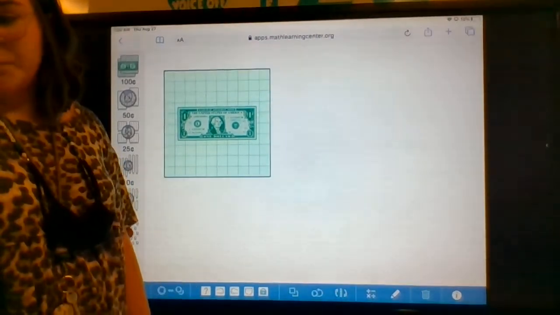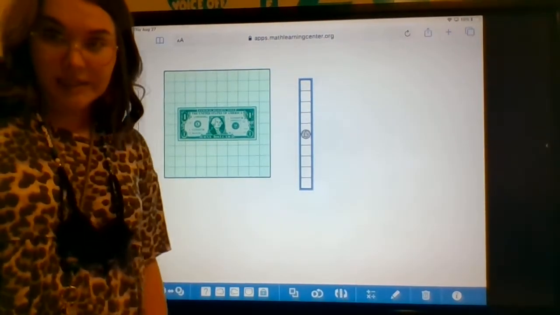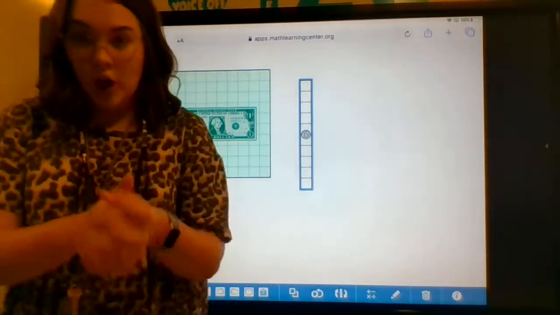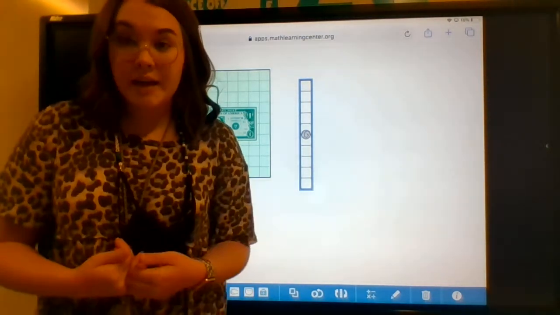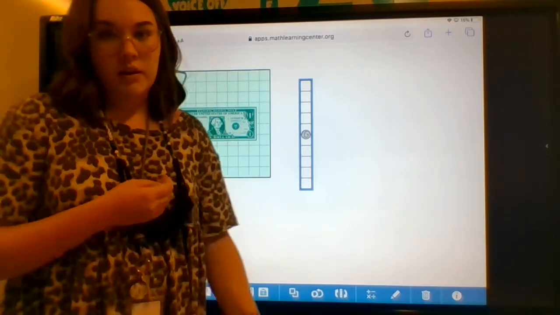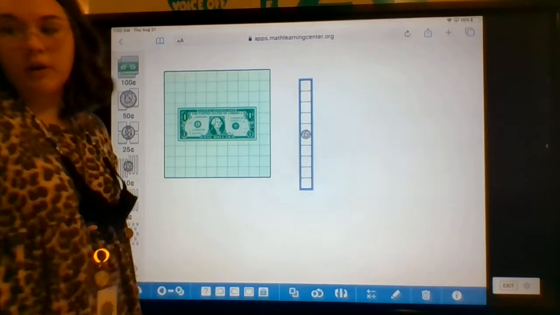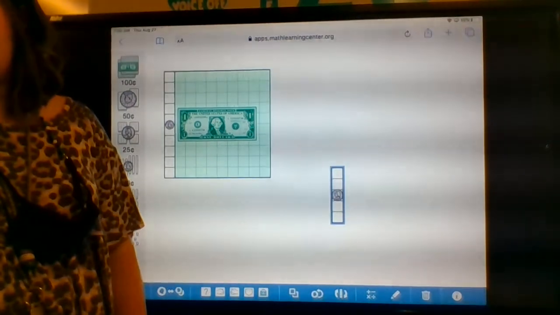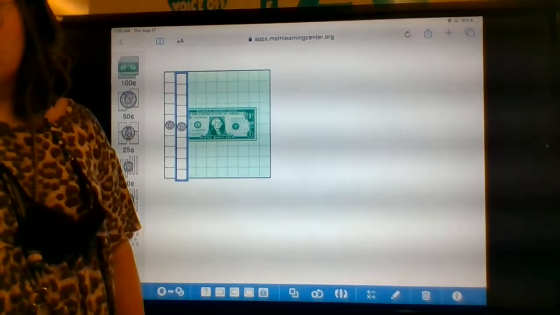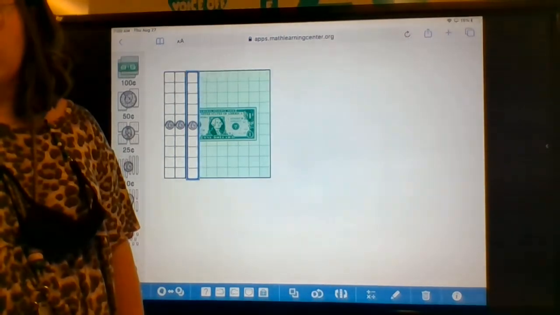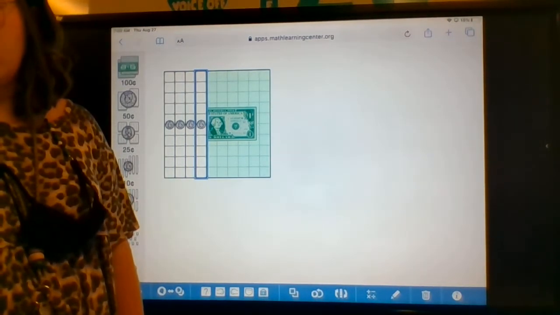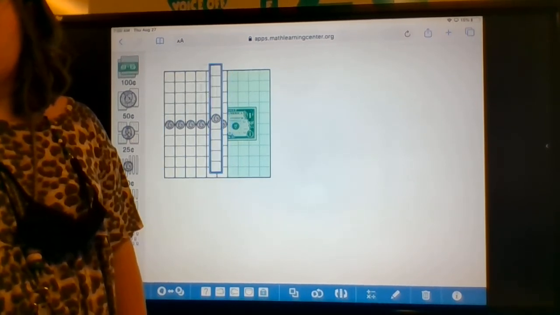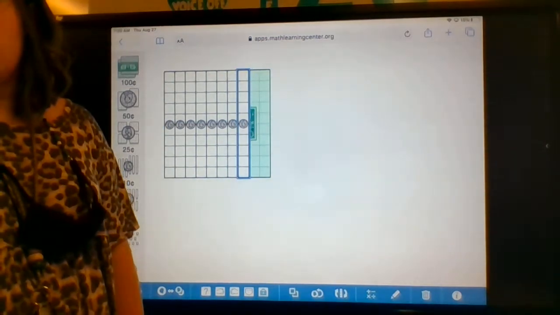How many dimes, they're 10 cents, how many dimes can fit into $1? So if I gave you $1 and I said, do you have change in dimes? How many dimes would you give me? Well, if we put our dimes on here and we line them up, a lot of dragging and dropping, guys.